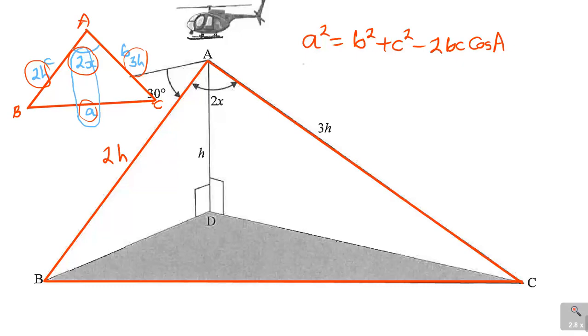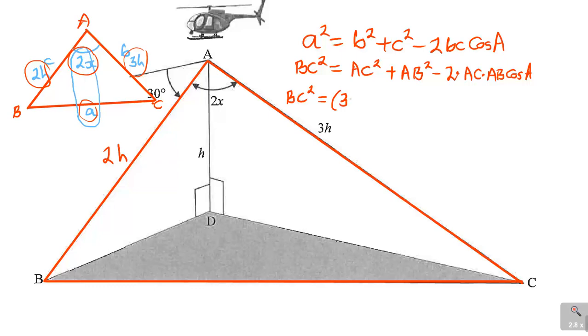So now if I substitute the information that I'm given, what is my a squared? My a squared in this case is BC squared, is equal to b squared, which is my AC squared, plus my AB squared, minus 2 times AC times AB cos A. If you now continue to simplify, my BC squared, that's what I'm looking for, is equal to my AC squared, which is in brackets.